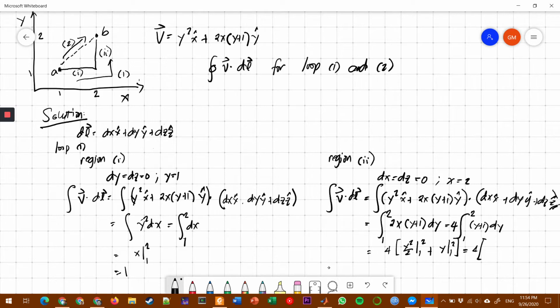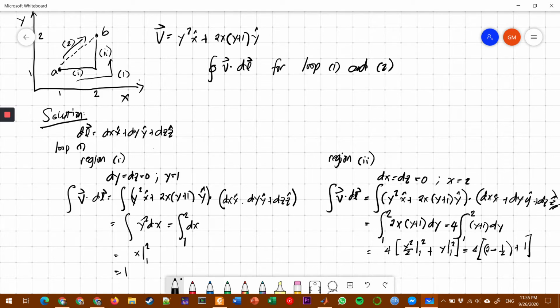So we are just left with, so substitute. We have 4 squared over 2. So that's 2 minus 1/2, plus, so this is just 1.